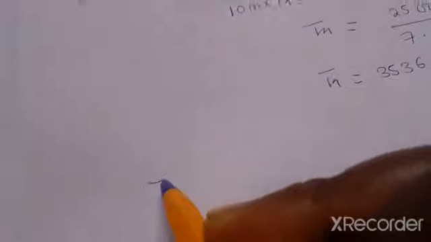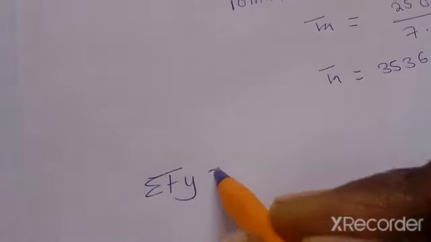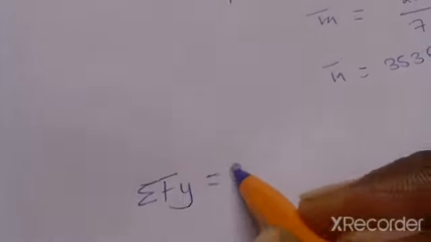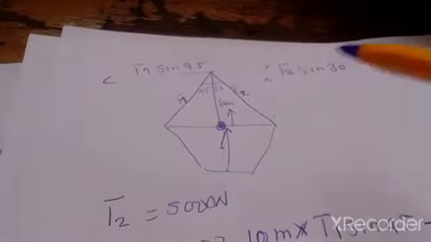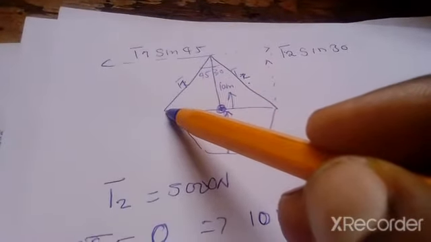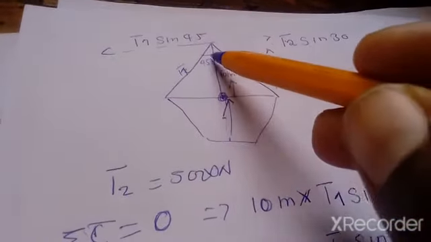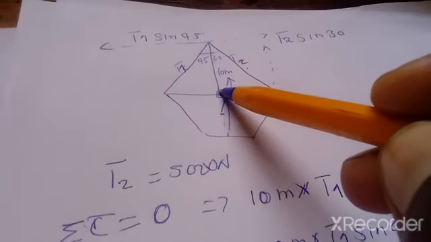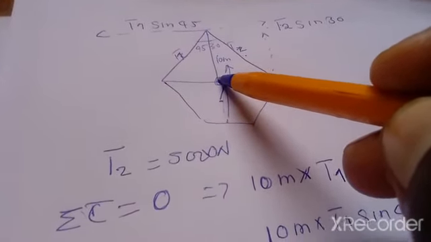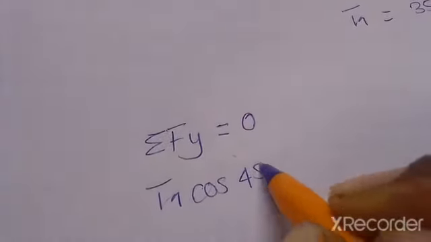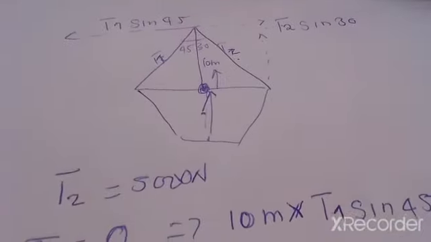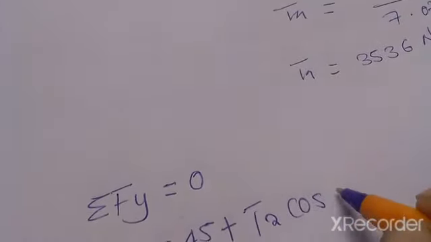So the summation of forces in the y will give us 0, where if we simplify it, we'll have T1, and the component which we're talking about is the y component, which is going to be T1 cos 45, plus the other force, which is T2 cos 30.